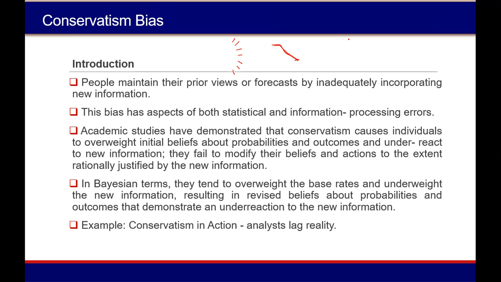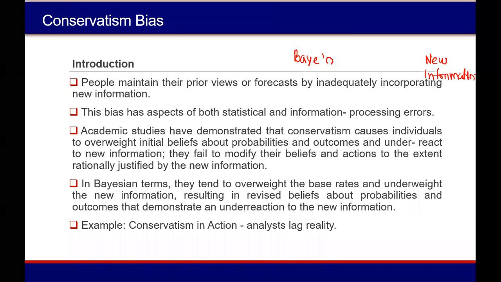Okay. So the thing is that when we exhibit conservatism bias, what Bayes has told us is that when there is new information, you should give weight to the new information in your existing probability.